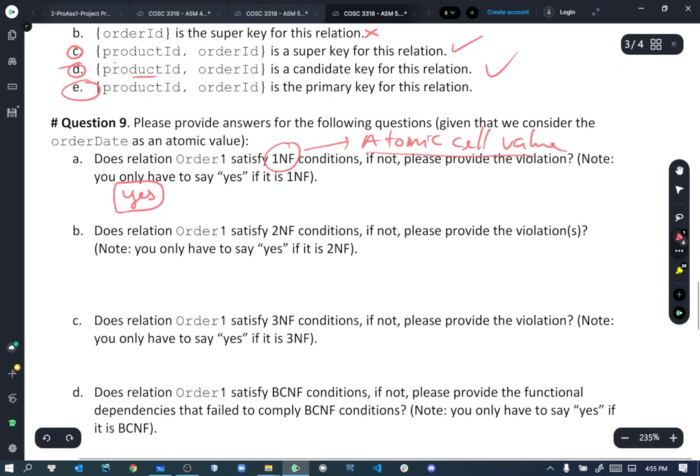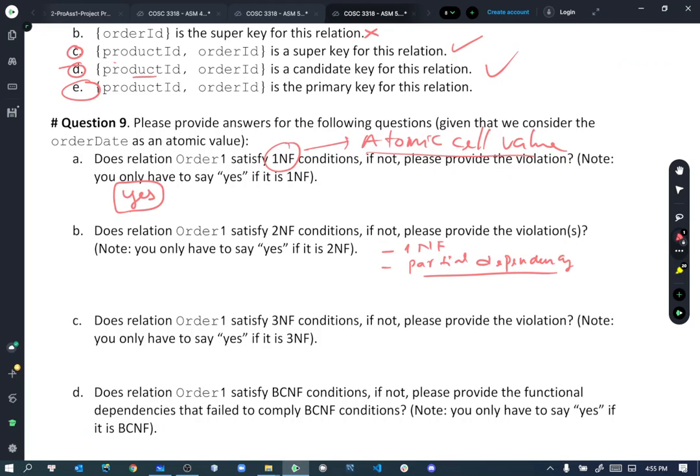Next one: does order one satisfy second NF? In order to satisfy second NF, first it must be first NF and have no partial dependencies of the non-key attribute on the key attribute.